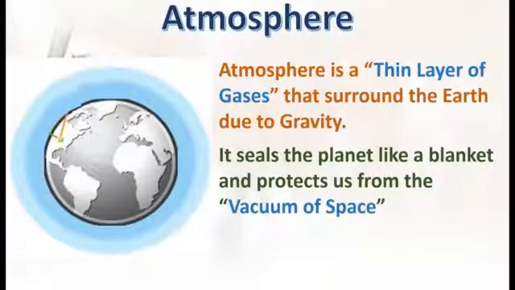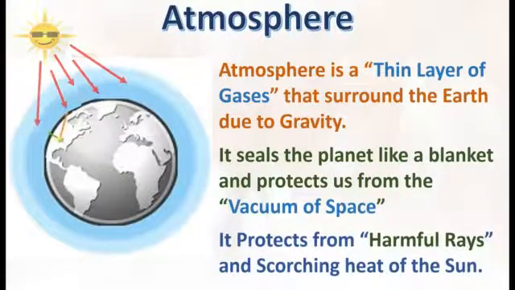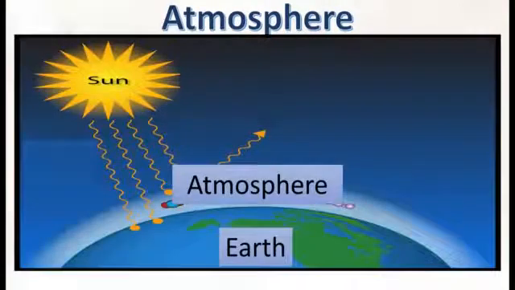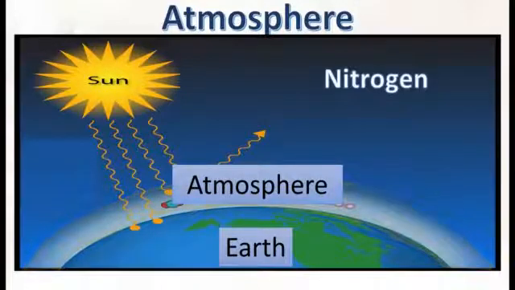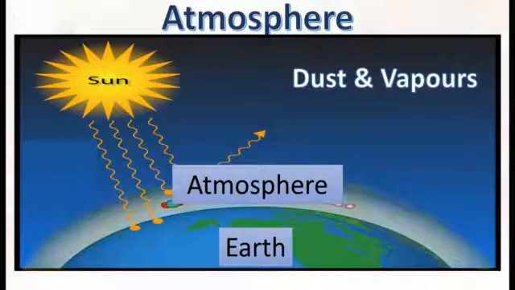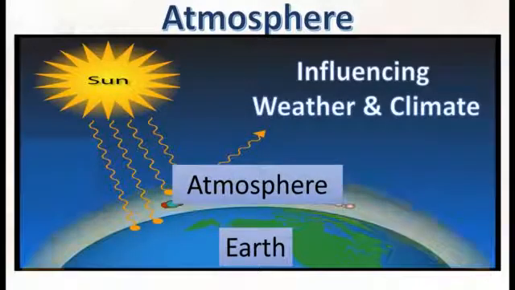It protects us from harmful rays and scorching heat of the sun. It is basically an envelope of gases like nitrogen, carbon dioxide, oxygen, etc., including dust and water vapor. The atmospheric changes influence the weather and climate on the earth.